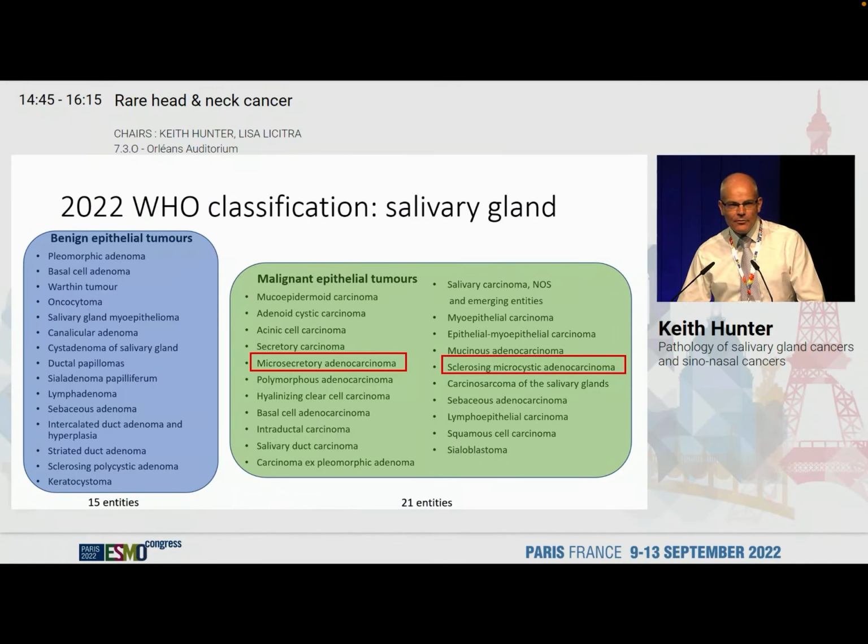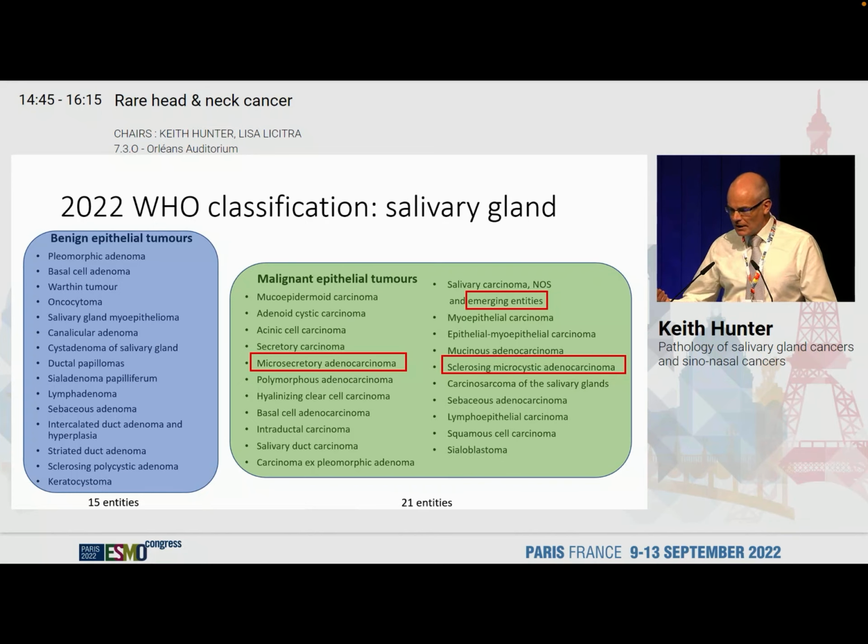And then, perhaps a little worryingly for you, given the fact that we already have 21 entities in the classification, you will see that we have another classification of emerging entities, which is the harbinger, I guess, of the fact that in the classifications to follow, it may extend even beyond 21 different entities.